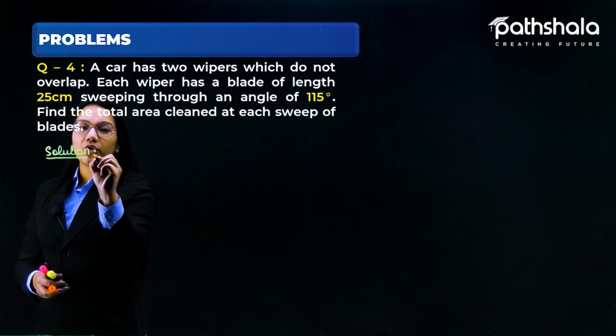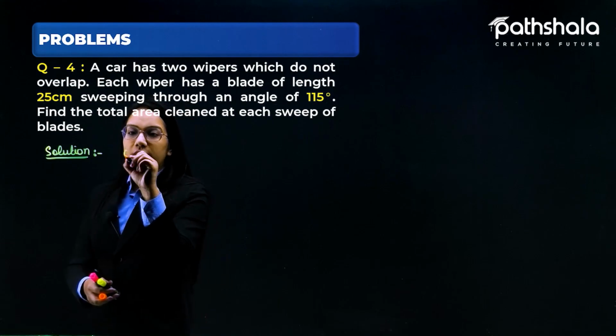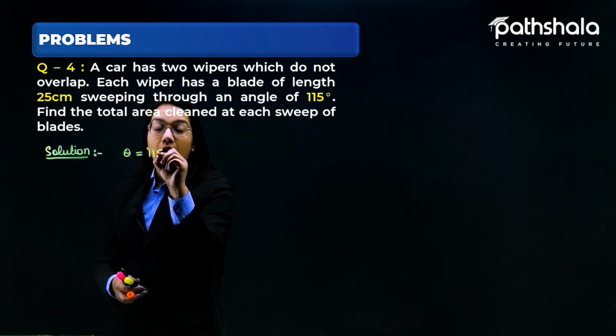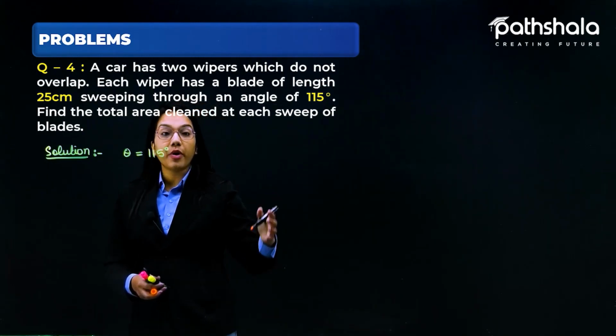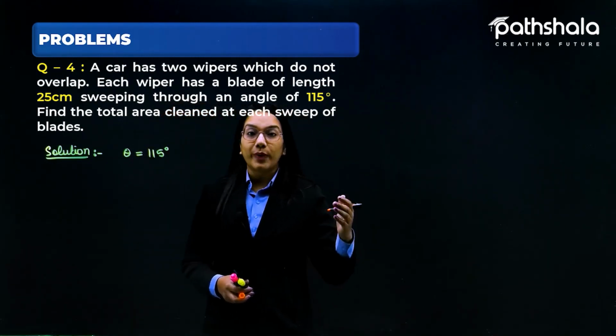As you can see over here, the angle is already given to us. Let us suppose theta is 115 degrees. It says each wiper has a blade of length 25 centimeters.